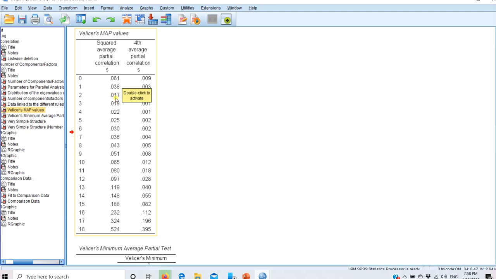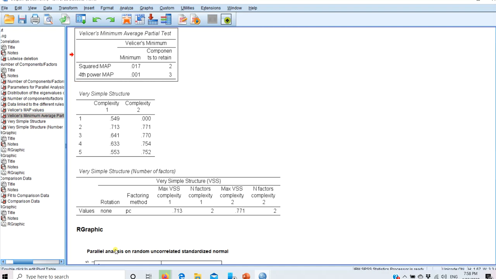This means this is the minimum average partial correlation. So we will retain the factors associated with the minimum average partial. But the software, this R menu, has already computed it for us. So the squared MAP value is suggesting two components to retain, and the fourth power method is suggesting three components to retain.